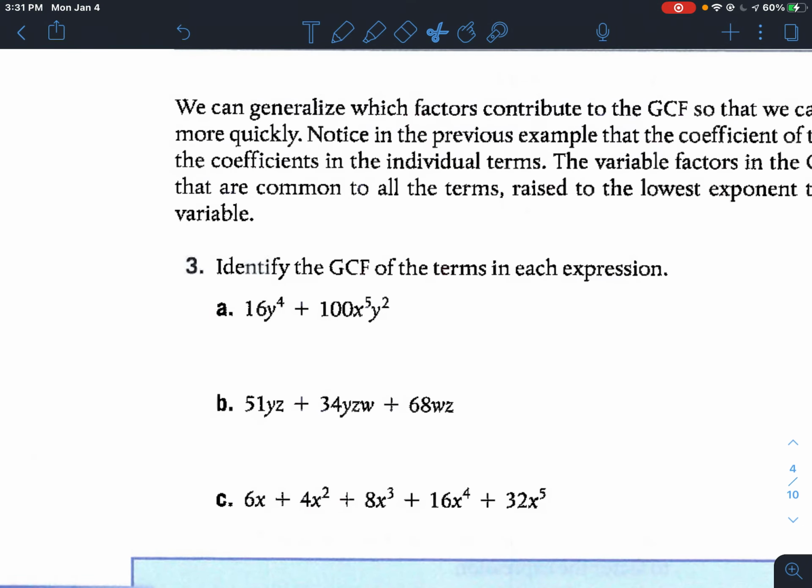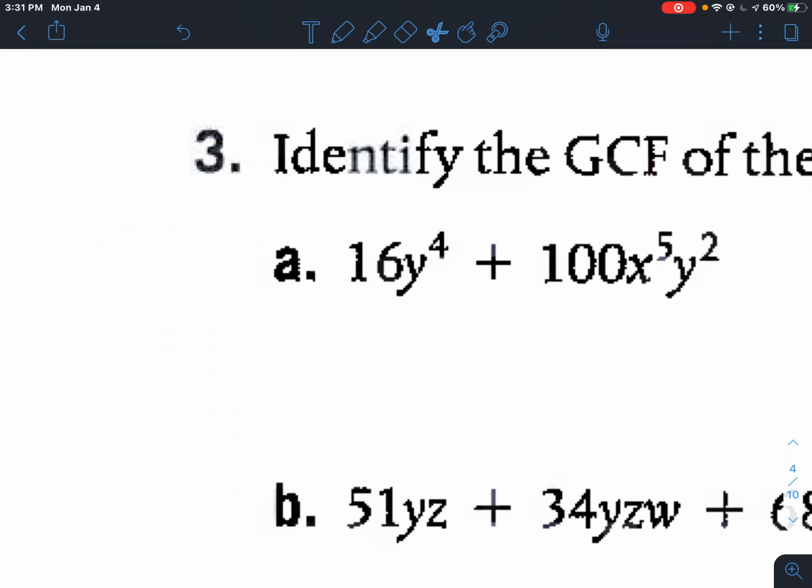So identify the GCF of the terms in each expression. So again, I'm finding what they have in common, like the biggest thing that they have in common. So first, they have numbers. I'm going to look at the numbers first. What numbers can I factor out between a 16 and a 100? And I just kind of use guess and check for these.